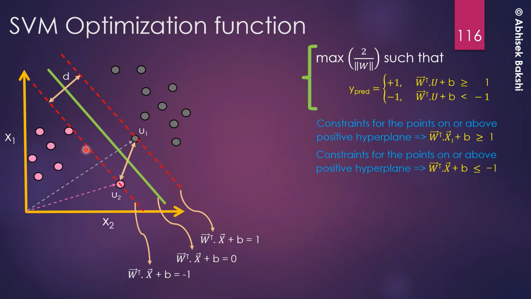No, you can have multiple points on this red straight line, but no point will be above this straight line. So either it will be greater than or equal to +1, that means on or above the positive margin, or less than or equal to -1, that means on or below the negative margin.